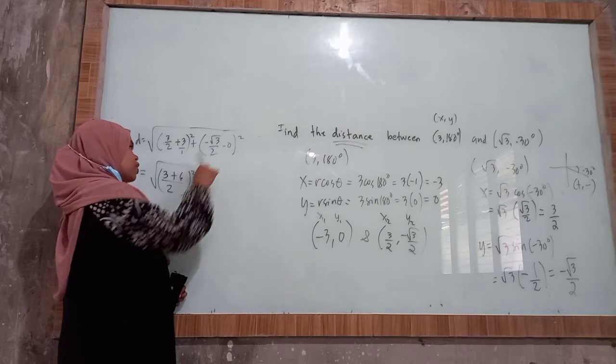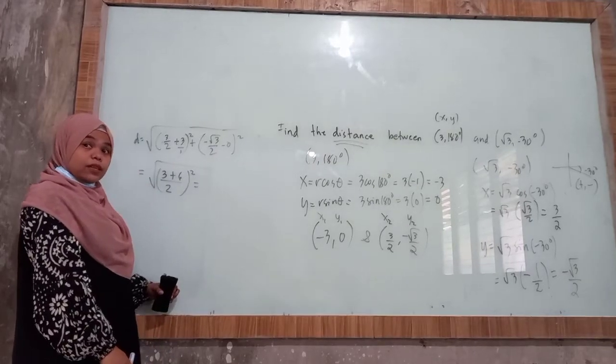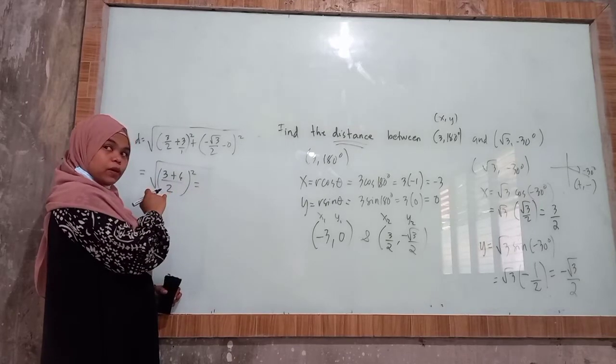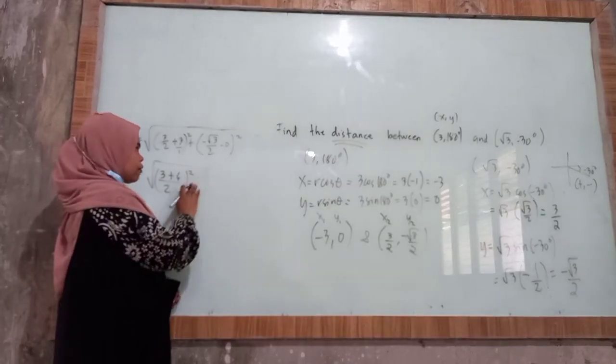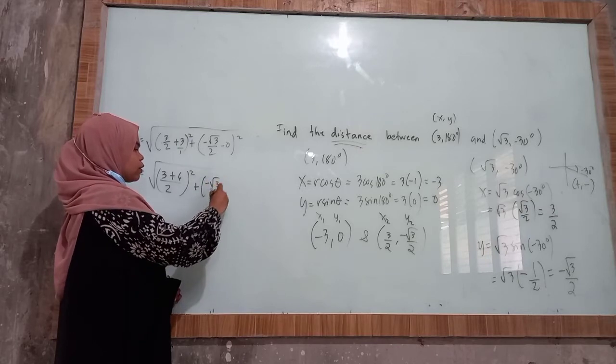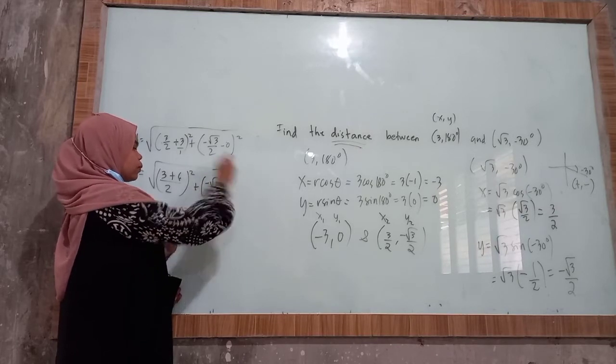Since si 0 that is the additive identity element, pag binawas mo siya sa number, hindi mag-iiba yung number. So I have plus negative square root of 3 over 2 quantity squared.